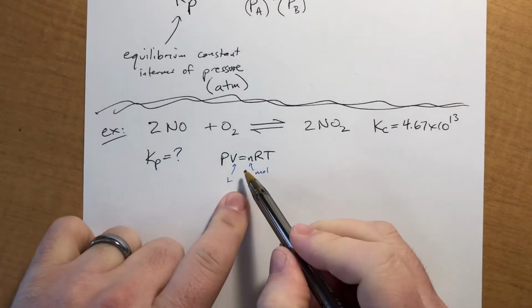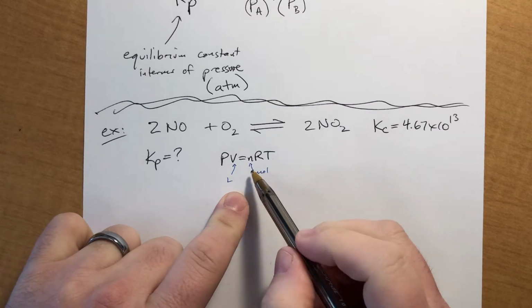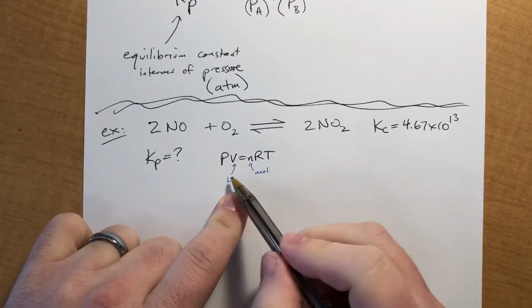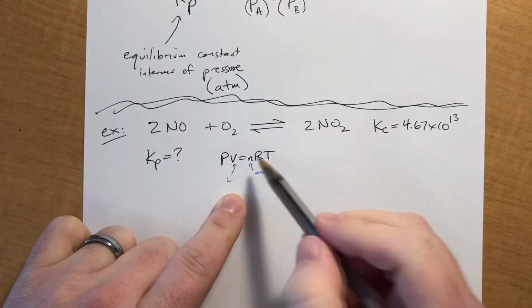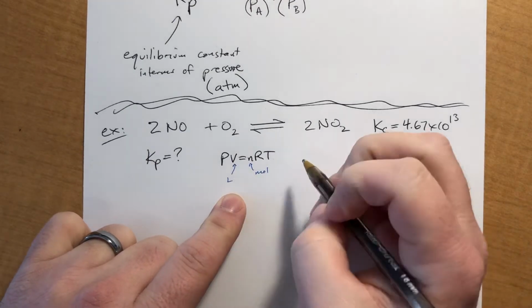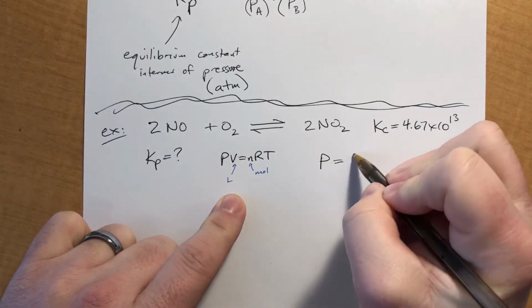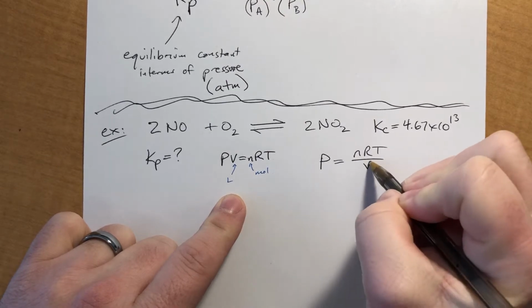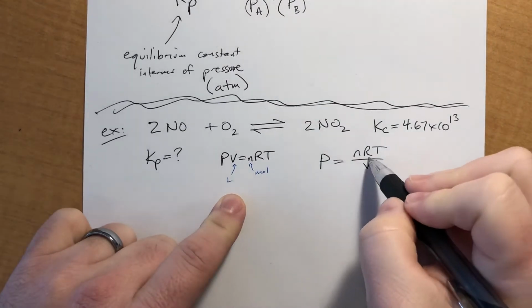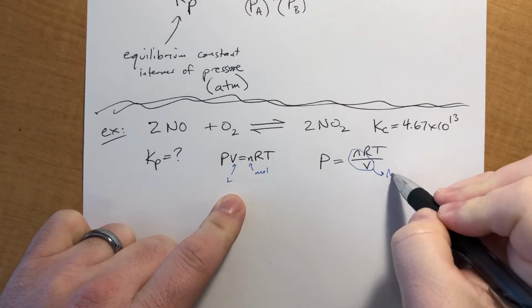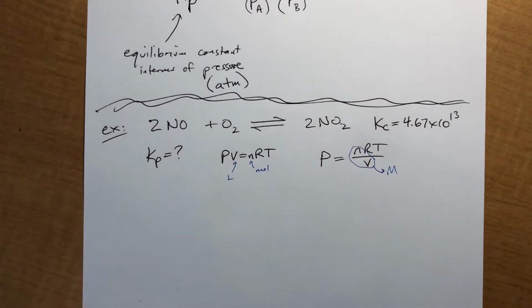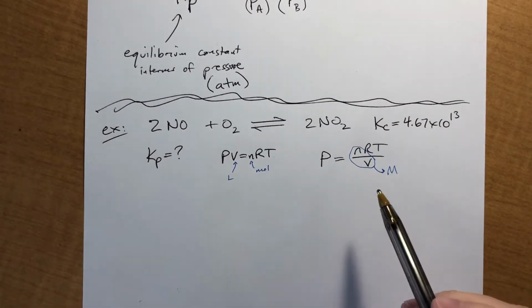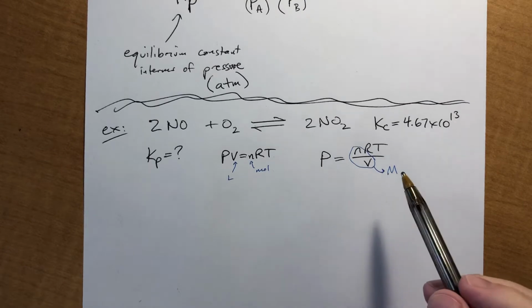If we rearrange this equation and divide V to the other side, we get P equals nRT over V. n divided by V is molarity, moles per liter. So basically P is just molarity times RT.